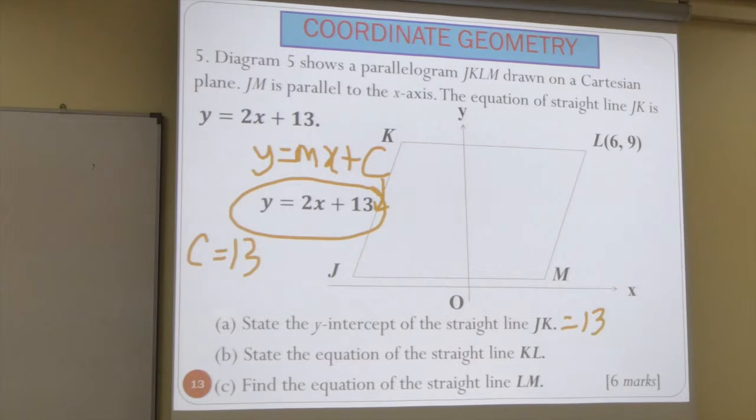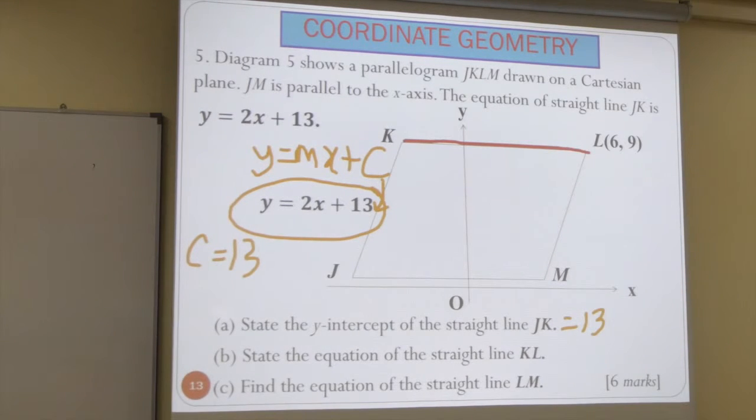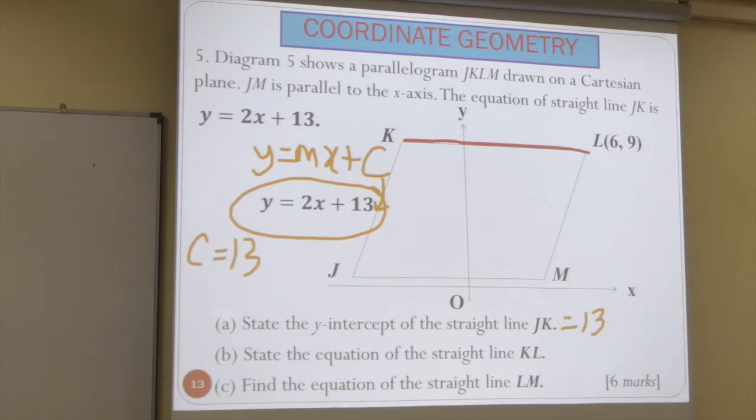Then look at B. State the equation of the straight line KL. So straight line KL is over here. Then let me ask you, did they mention that the line is horizontal? Look at the question again. They never mentioned KL horizontal, but they did mention JM.